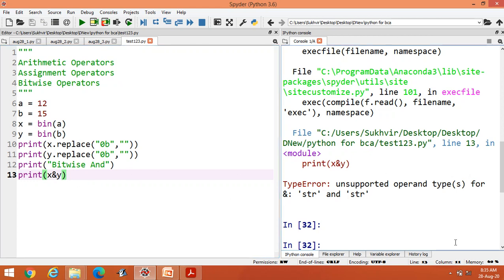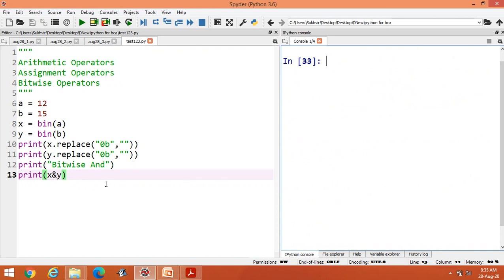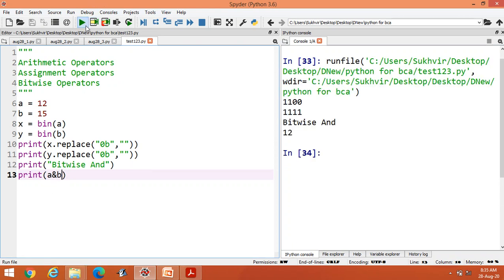Let's check again. Some error is there. Print x and y. You are replacing this value. I think print a and b is required. A and b. Let us check the output. Now it's okay. Print a and b. Because x and y are already converted into binary strings, we have to do the AND operation on the numeric values which are given.